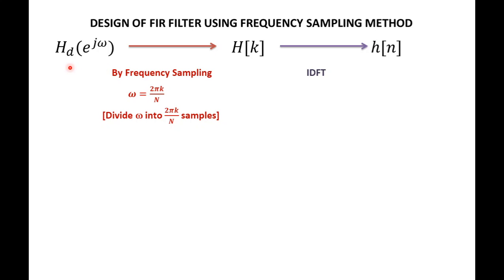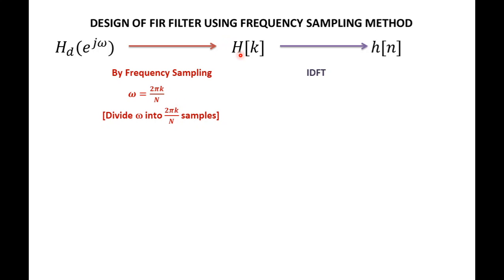filter. This frequency response is converted into H of k by means of frequency sampling, where omega is divided into 2 pi k divided by N samples, where N is the order of the filter and the value of k ranges from 0, 1 up to N minus 1.